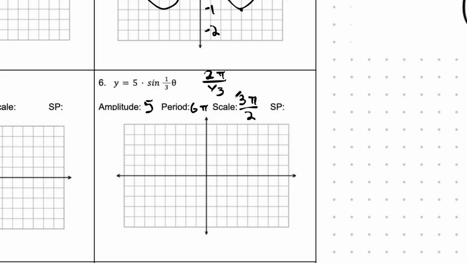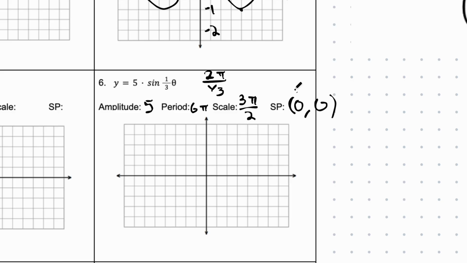And our starting point is going to be when theta is 0. Theta times 1/3, 0 times 1/3 is going to be 0. So what's sine of 0? If you go back to your unit circle, that's going to be 0. And then we do 0 times 5. And we get 0. So our starting point is going to be 0, 0.